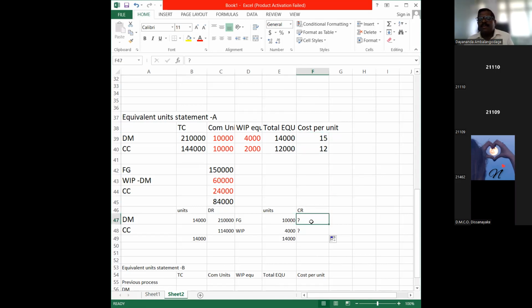So you see my value here 150,000, and the other value is very clear. It is 84,000. So the account should tally with these two.